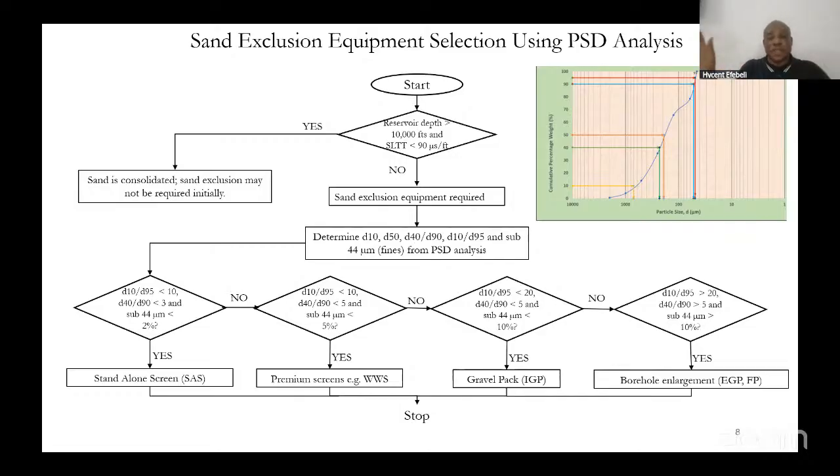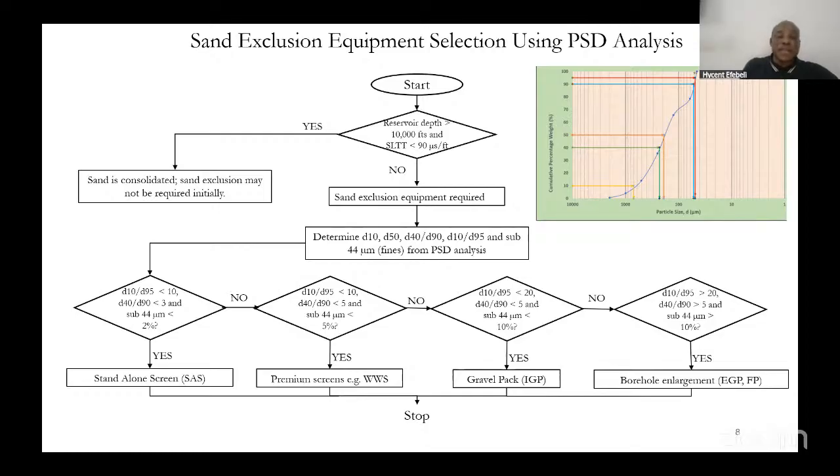Your geologist will do this for you and give you the results. So what you just need to plot is cumulative percentage weight on the vertical axis, and particle size on the horizontal axis. So on those percentages, you read off 10%, 40, 50, 90, 95, right? So those fractions will now give you your sorting coefficient and uniformity coefficient.